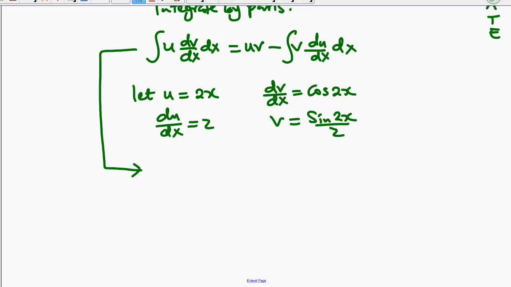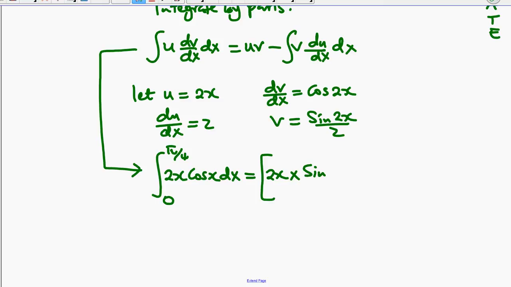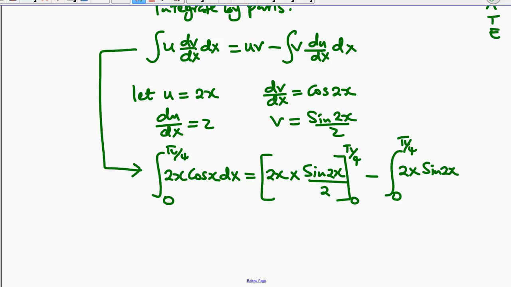So we'll end up with the integral from 0 to pi over 4 of 2x cos 2x dx, which will be equal to, plug that in, 2x multiplied by sine 2x over 2, from 0 to pi over 4, minus the integral from 0 to pi over 4 of 2 multiplied by sine 2x over 2 dx.